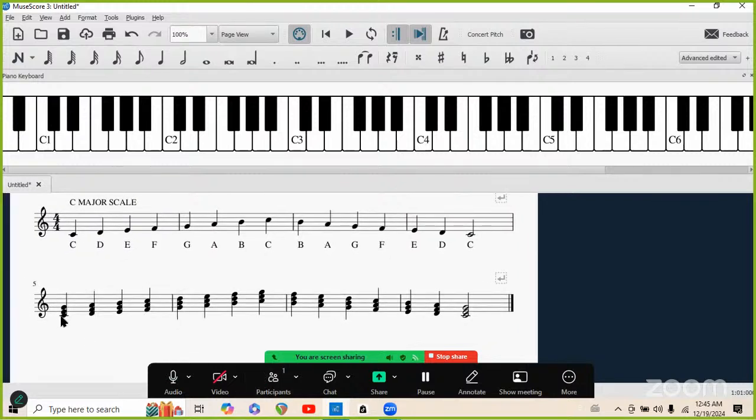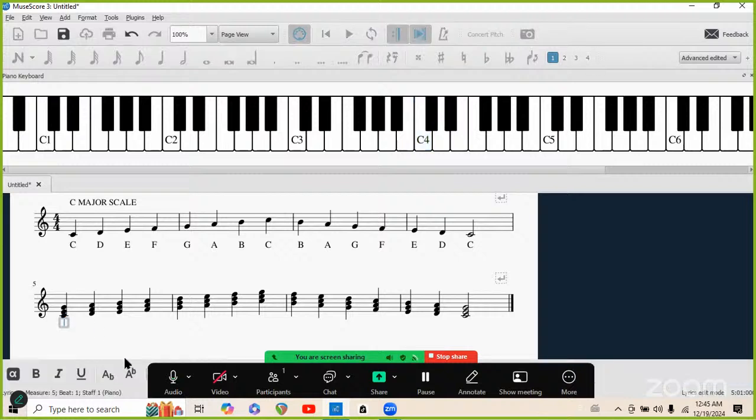What I'm going to do now is I'm going to label the chords so you know what they are. This is C. Okay.